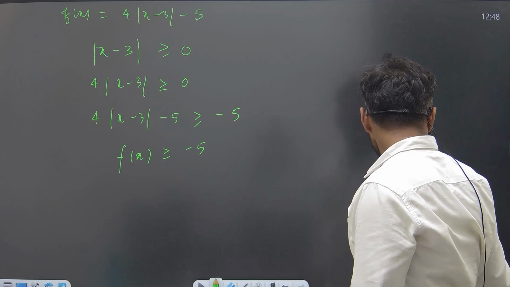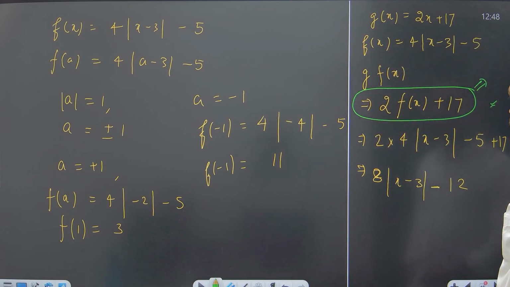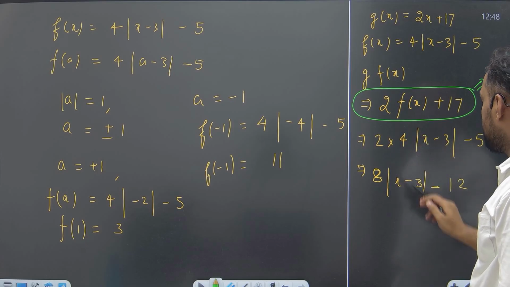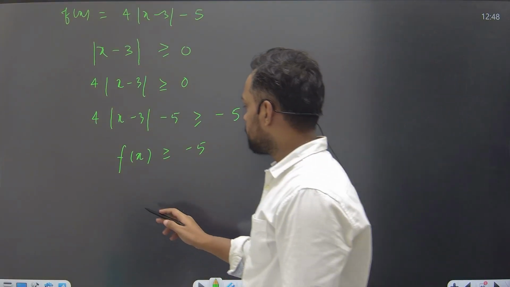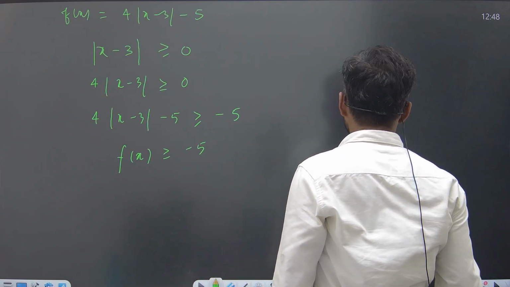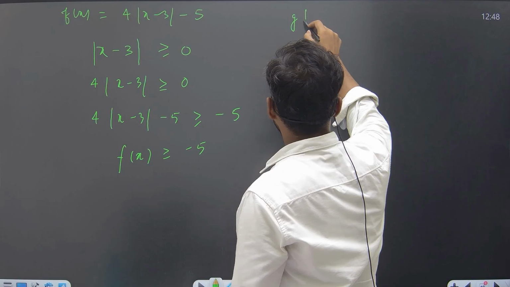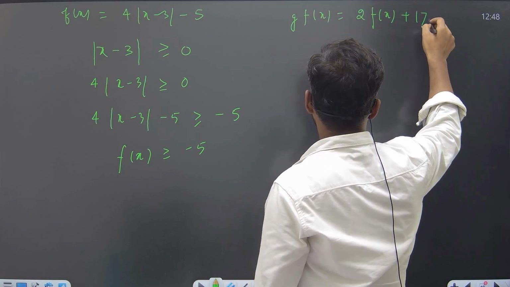Okay. Now as I have told you, you will be getting the answer here itself. For g(f(x)), what we have got is 2 times f(x) plus 17.